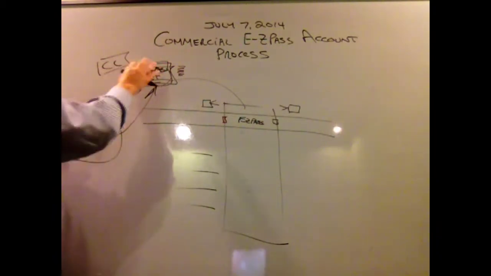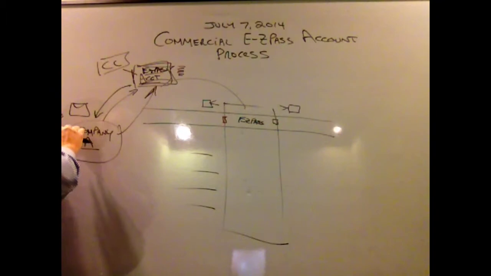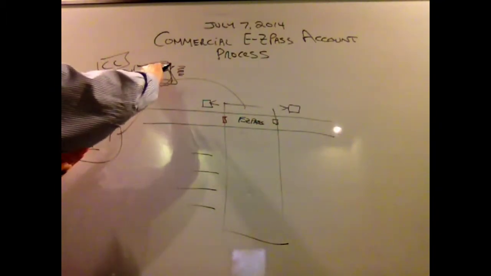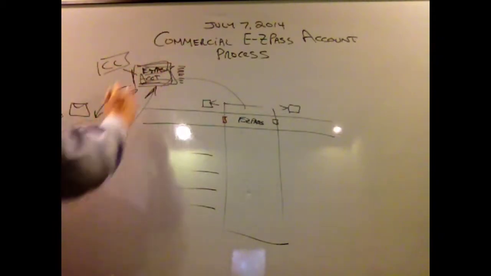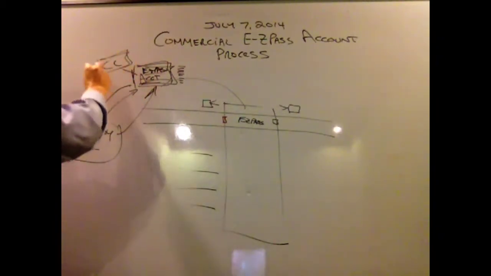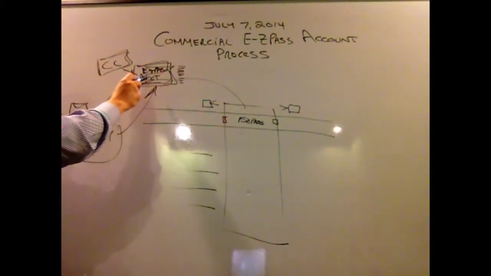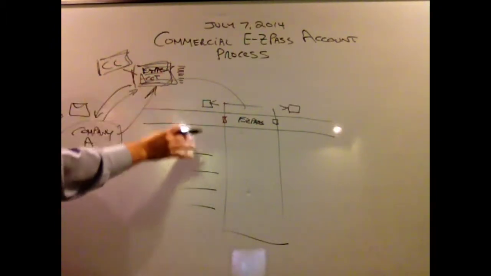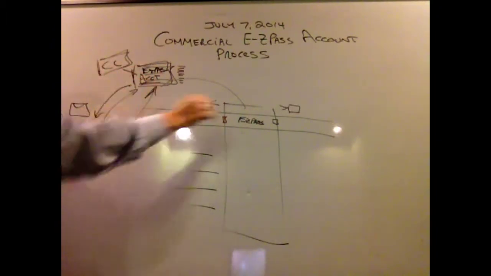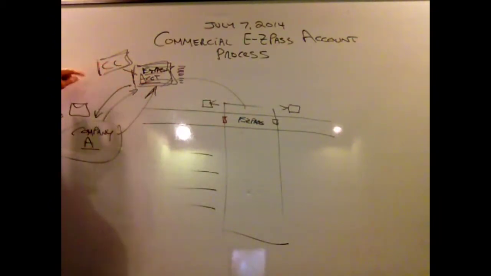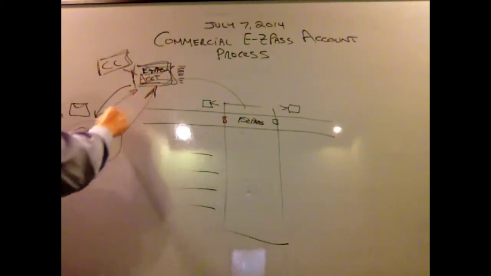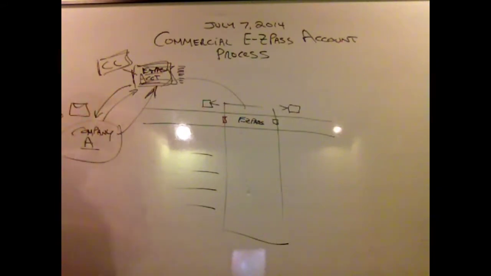So by establishing the account, you get your transponder, you then can download a form and upload all your vehicles into the account, and there's a listing on the account online that you can do that. You set up your credit card to pay for the tolls. Prior to a fleet movement, you fund the account that'll take care of all the tolls for the trip up and back, depending. You don't want $20 in there if you're going to have a $2,000 trip bill. So you want to keep track of that, and it outlines this in the document. So once you've got your vehicles uploaded, you're all set.